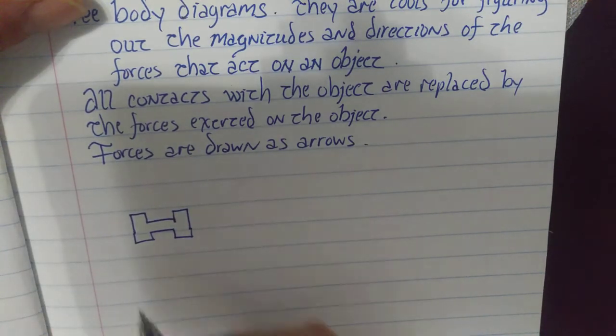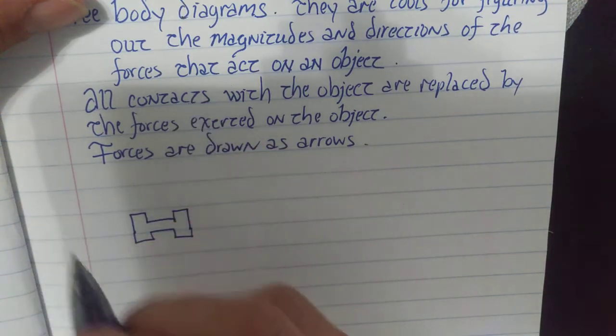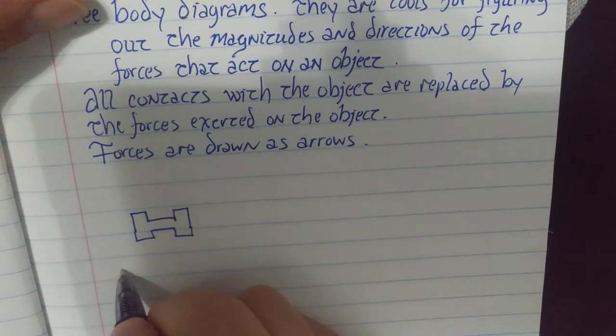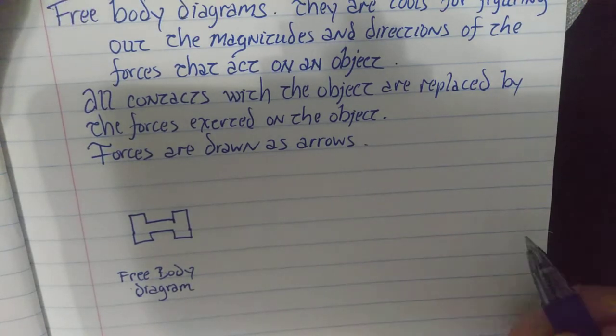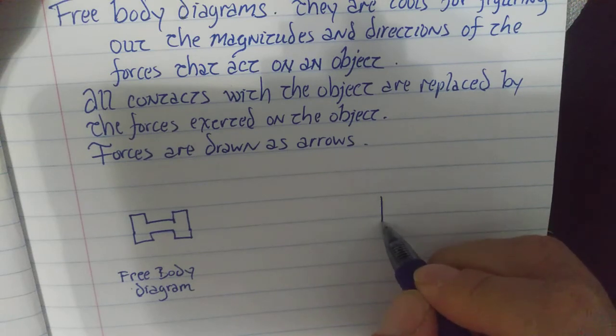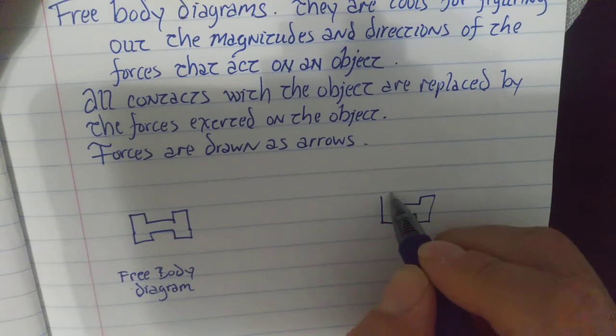Give yourself a little space for some arrows around here. So this is a free body diagram. And then over here, we're going to have the real object. So let's draw it here. So this is the real object.